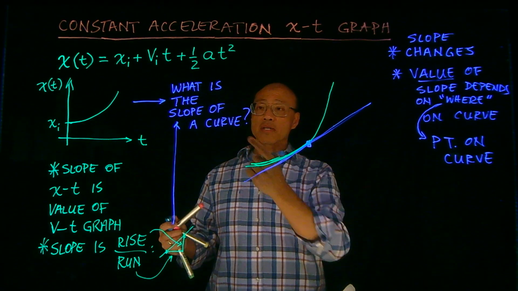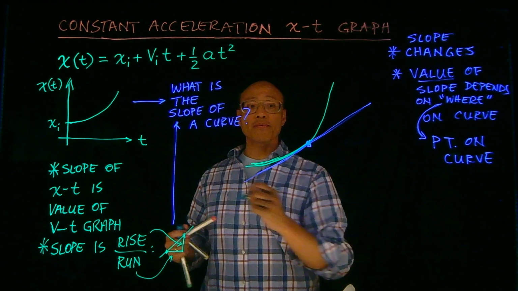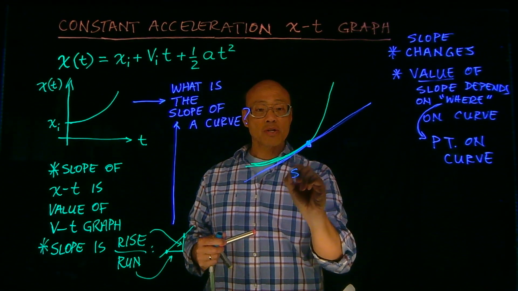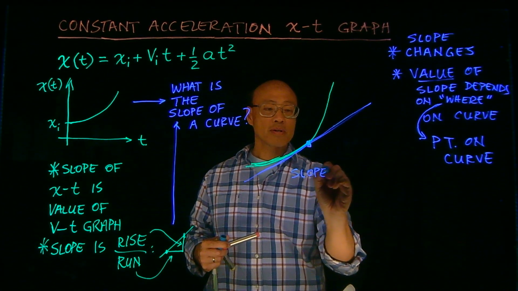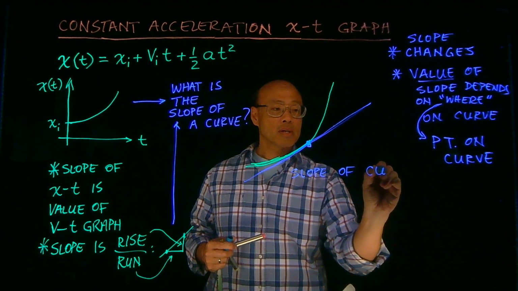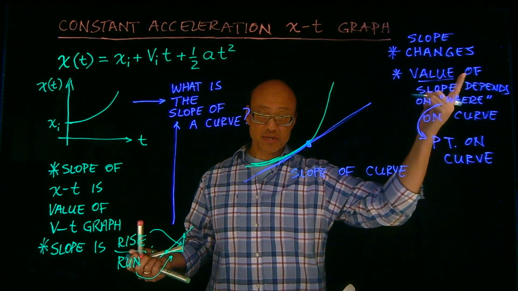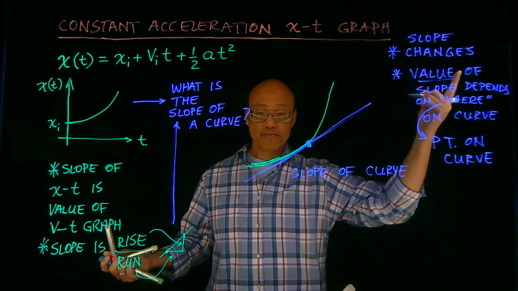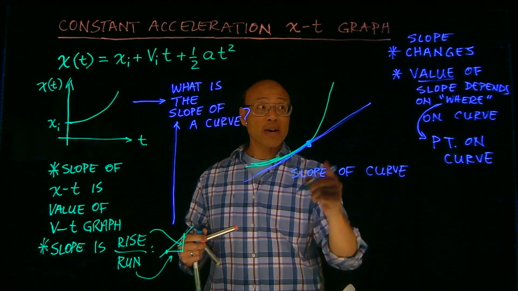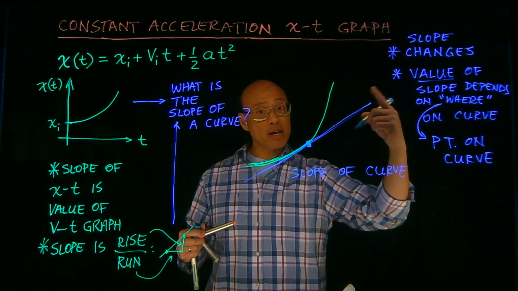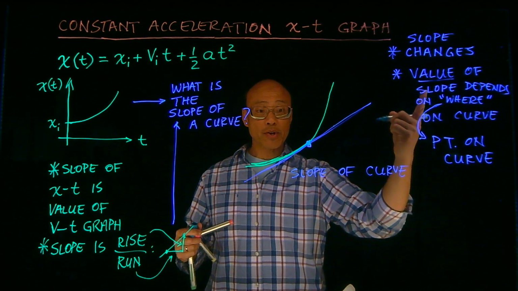So this is how we could describe the slope of a curve. So here's the end game. Slope of a curve. What's the nature of that? First of all, the slope of a curve changes. It's not constant. But if I'm going to ask about the slope of a curve, I have to say, where am I on the curve?